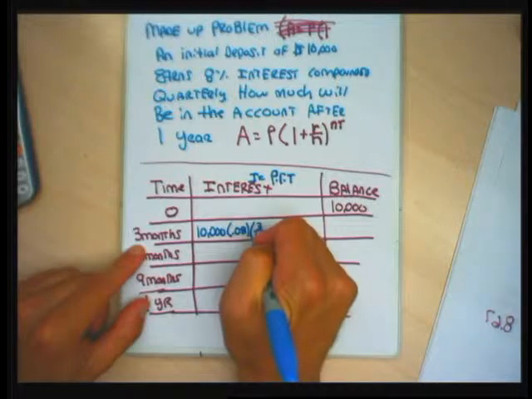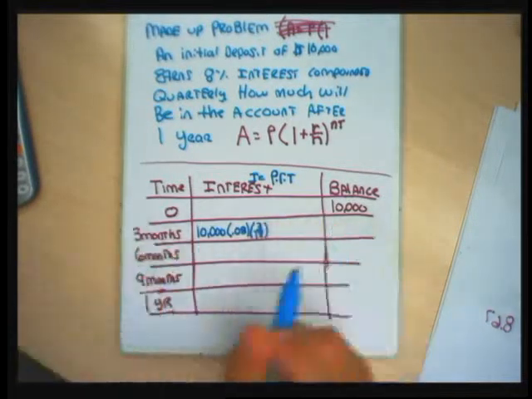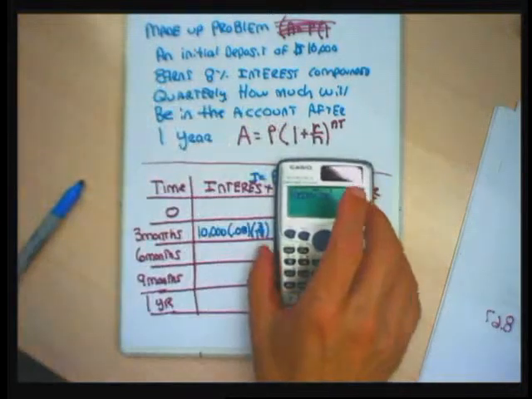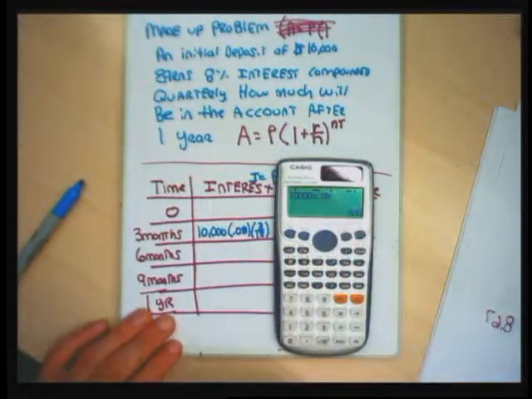It's 3 out of 12 months, which is a quarter of the year. So I'm getting a quarter of the year's worth of interest.